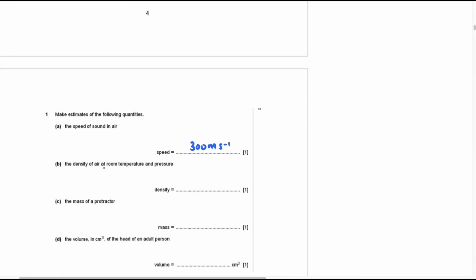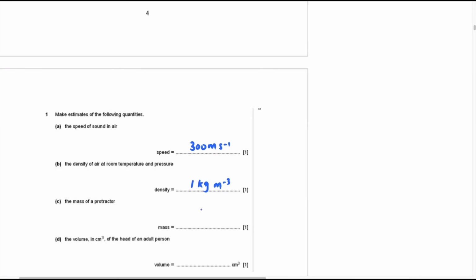The density of air at room temperature and pressure. This value is in the note just now. If you still remember, it's 1 kg meter negative 3. The mass of a protractor.